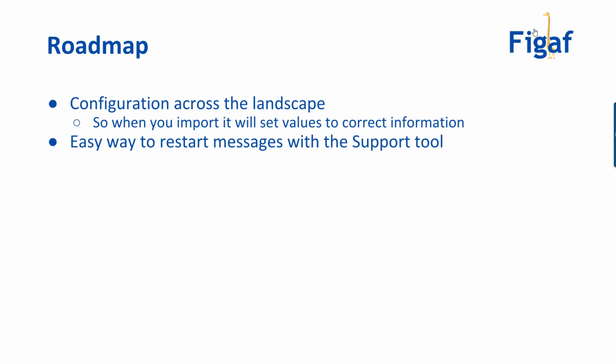So you can say on the QA system, these are the parameters that we have, and on our productive system, these are the values that we need to have. Another next thing is that if a specific method fails, you should be able to restart it from the IRT tool. That's one of the features I'm also looking forward to.